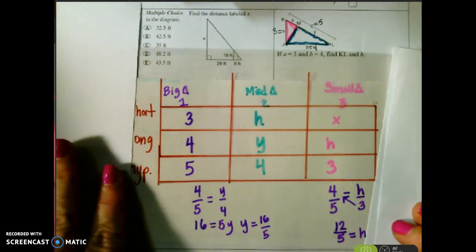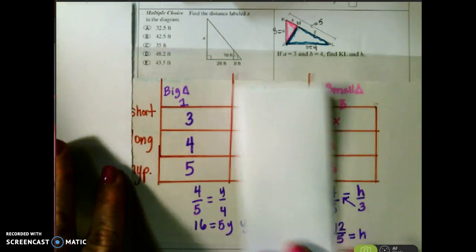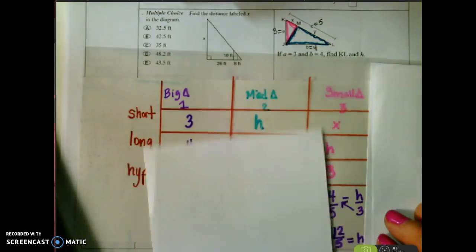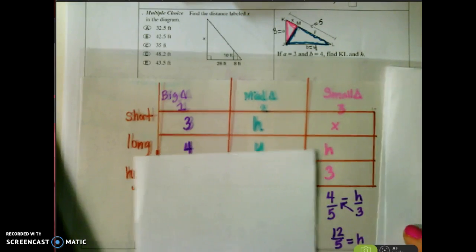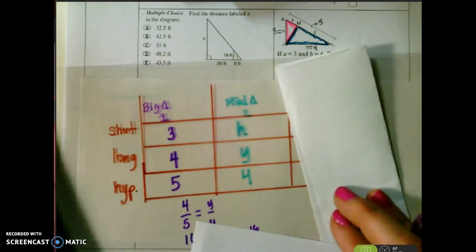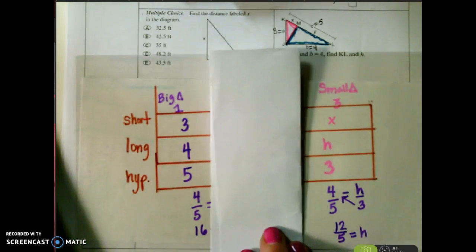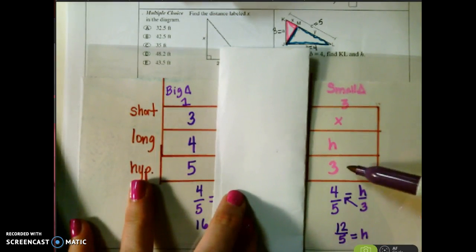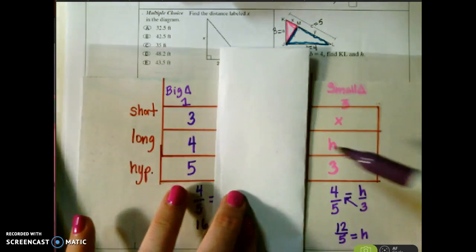Okay, if I did need to find x and y, I have already found y, but I could go ahead and find x. And again, you could use this proportion right here by covering this one up. Okay, and you could find x by using these three covering up the middle as well.